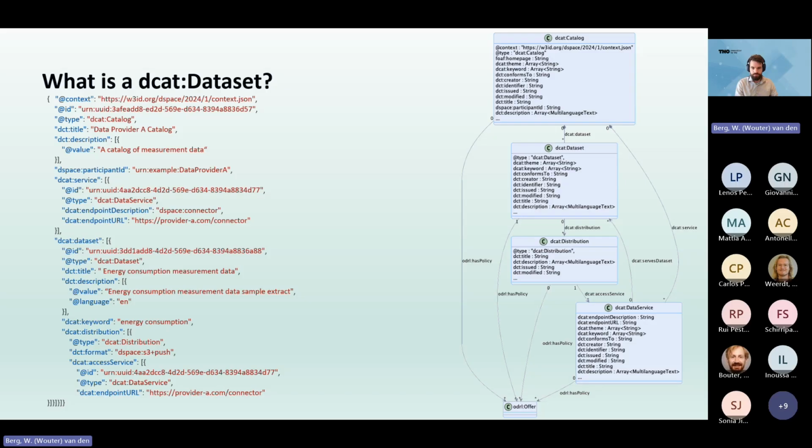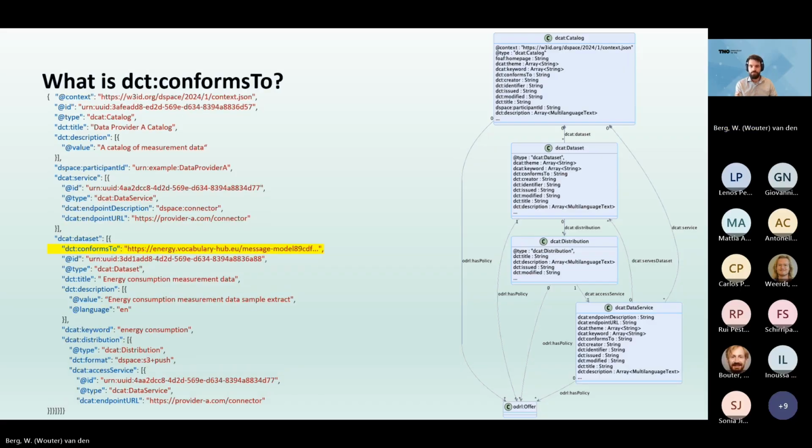Now, this is one of the key points: we use the DCAT language to link to the vocabulary hub, to link to the more semantic metadata of this dataset.